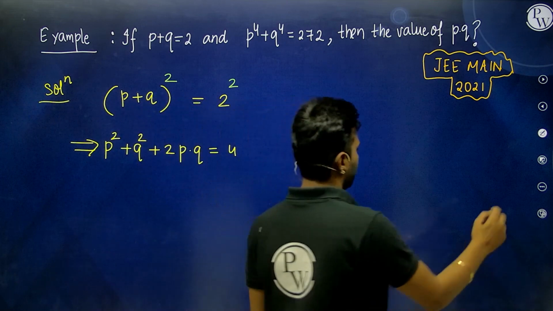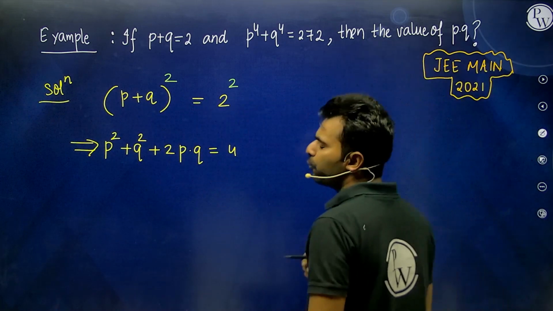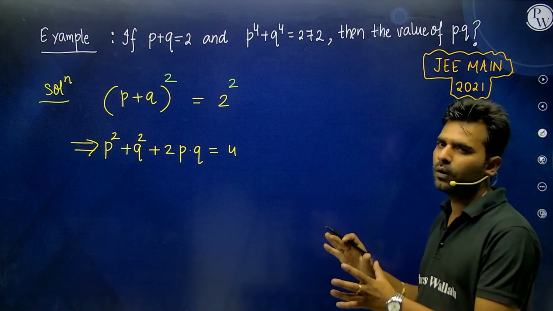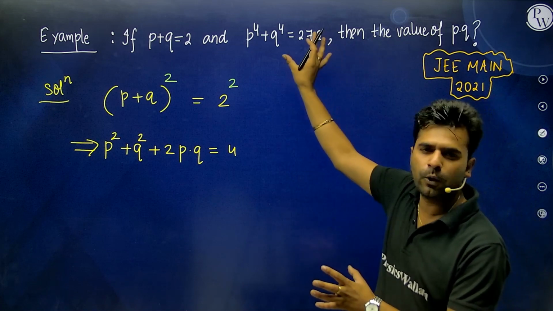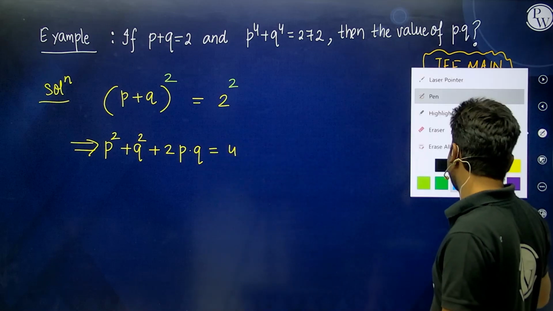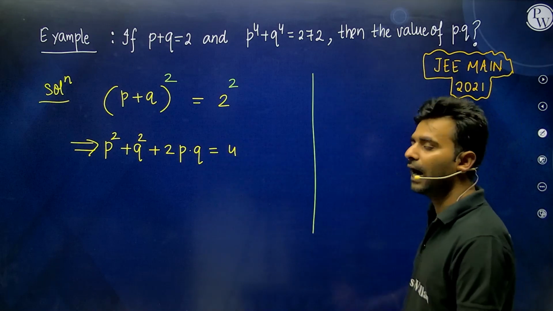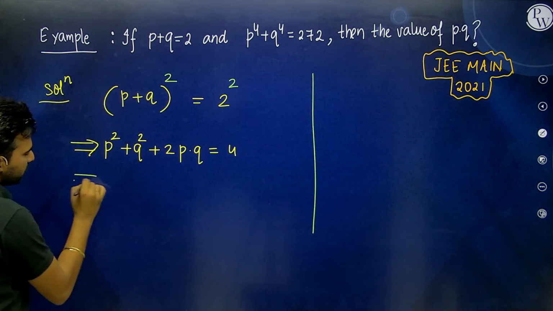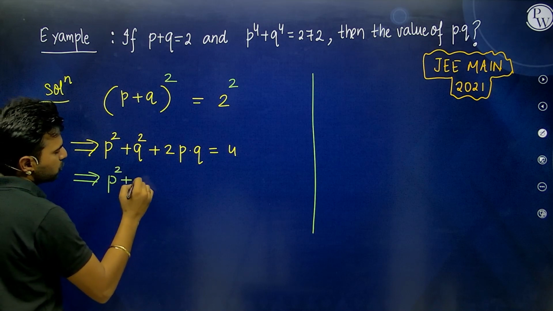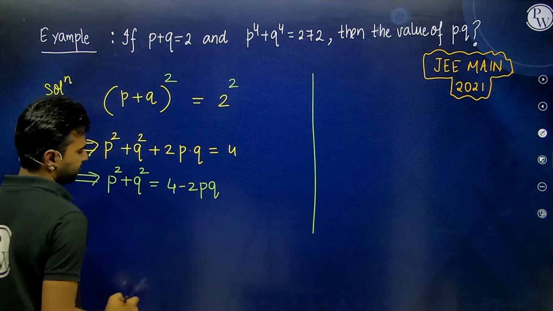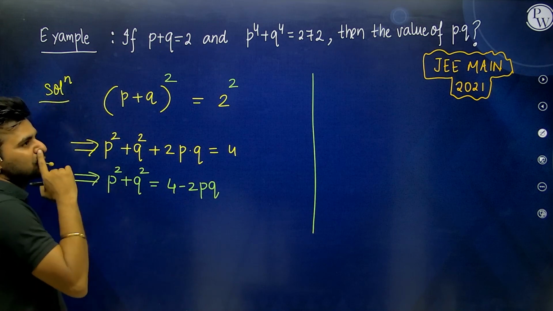I said, yes, you are not having that, but can you use this equation somehow so that you can solve for p times q? Yes, I think you can. Let's see how we can do this. We can write down p² + q² = 4 - 2pq. Okay, squaring again both sides.